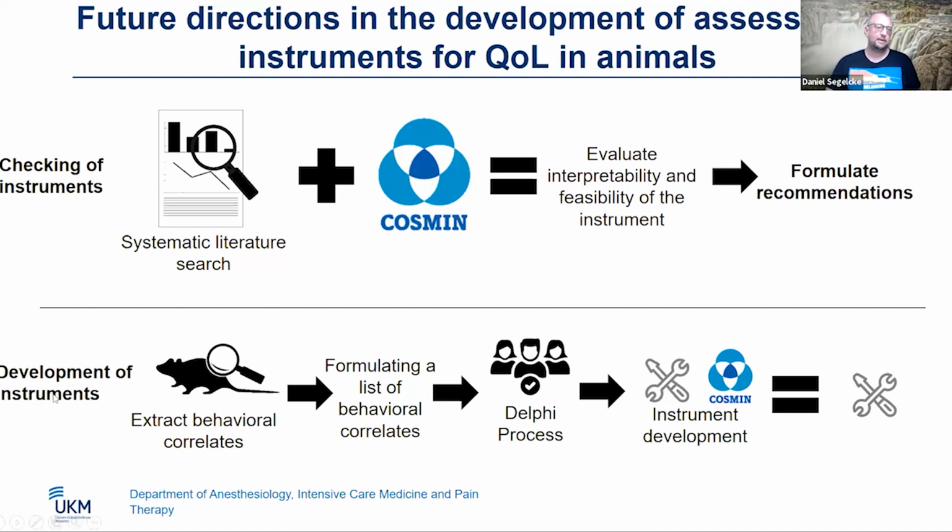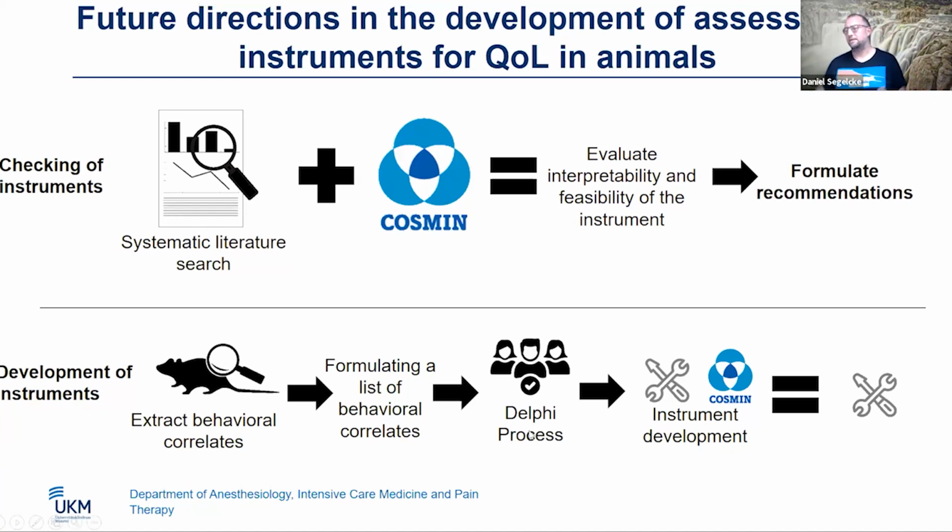And on the other side, we can use the COSMIN framework in the development of novel instruments, based on extracted behavioral correlates. At the moment, some initiatives create home cage monitoring, video-based home cage monitoring of mice and rats under different experimental conditions, analyzed by machine learning, artificial intelligence. And these extracted behavioral correlates could be a basis for a Delphi process.